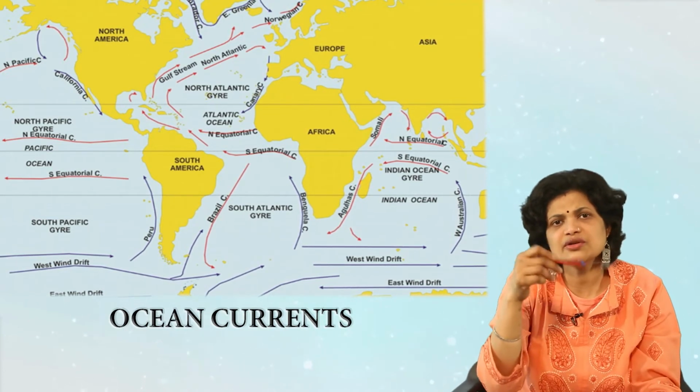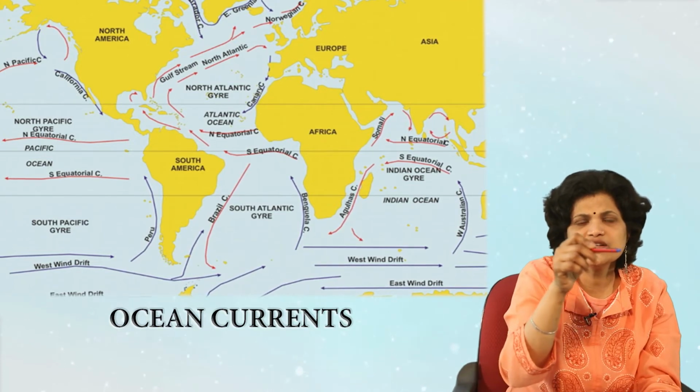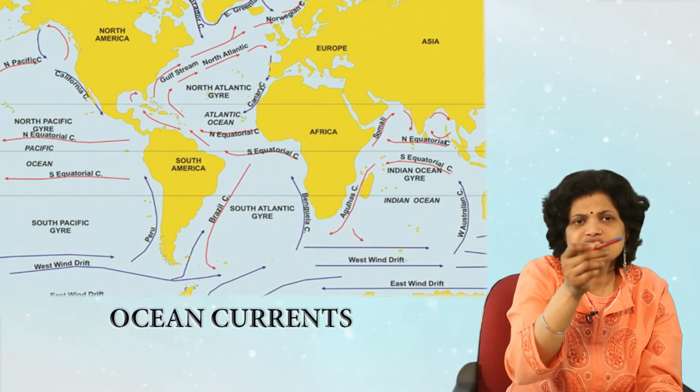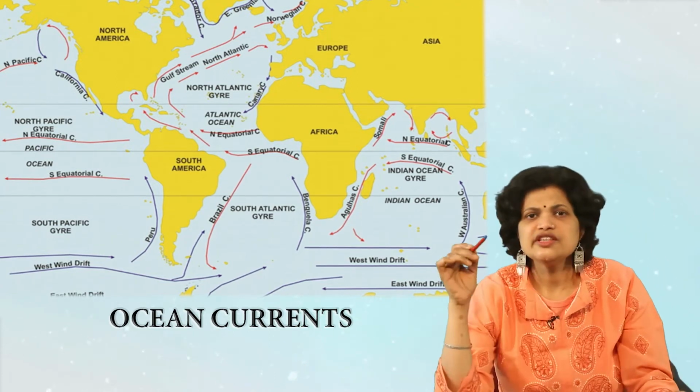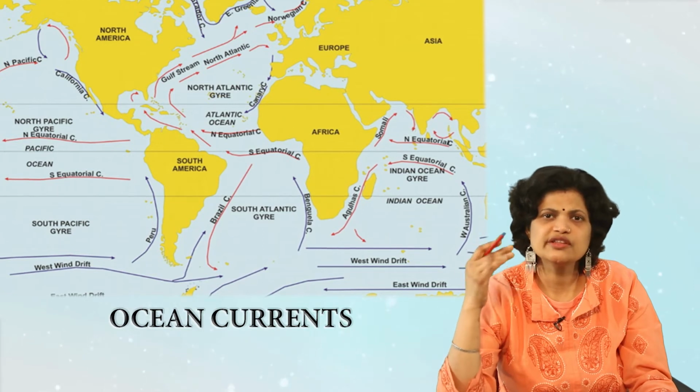There are other currents also, like the Falkland current, which merges with the Brazilian current and originates from the West Wind Drift. In this way, an oceanic gyre is also present in the Pacific Ocean.